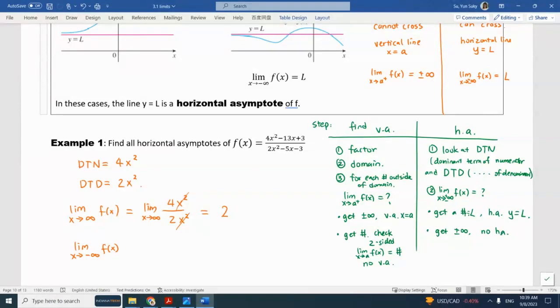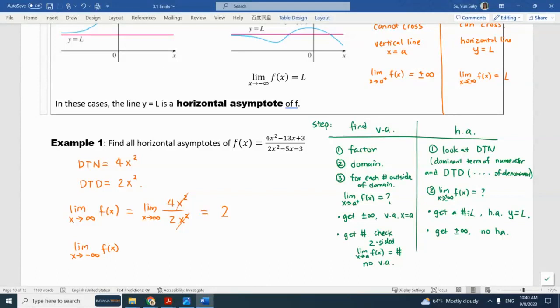Yes, say again. So when you were trying to find a vertical asymptote and you get a number, then we don't have any vertical asymptote. No, because for a vertical asymptote you're letting x go to a finite number.